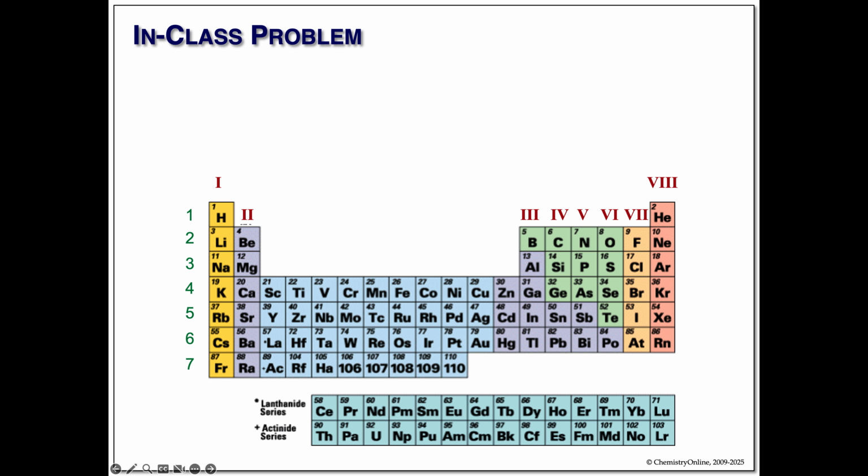If we start with polonium-210 and we lose our alpha particle, the atomic number will drop by 2, giving us 82. 82 is lead. We go from 210 down to 206.